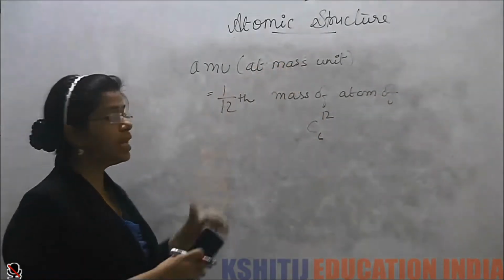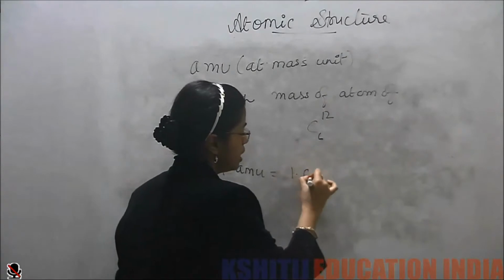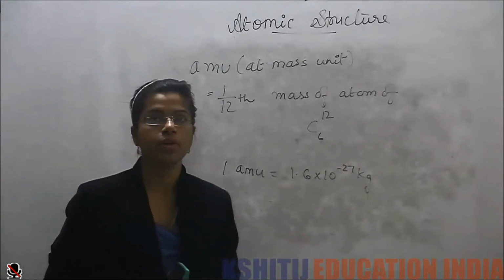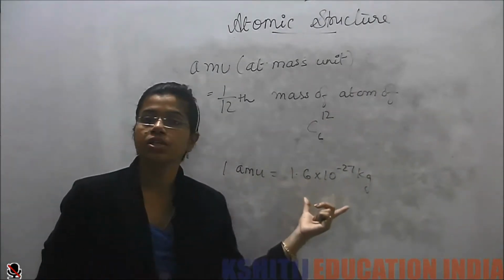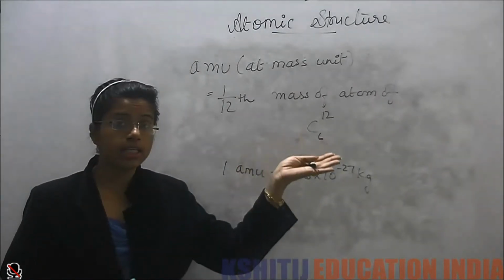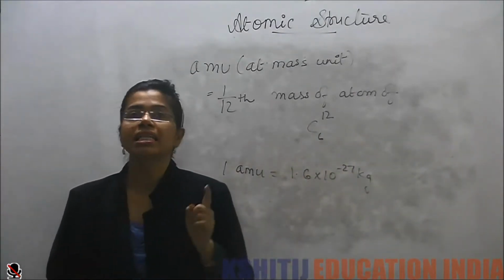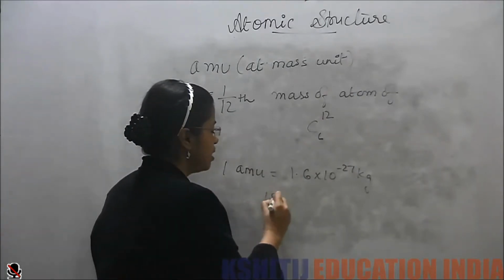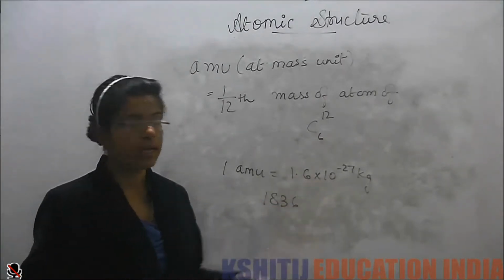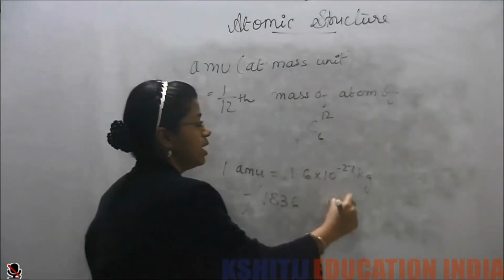Its value, 1 amu, equals 1.6 times 10 to the power minus 27 kilogram. And we saw that the neutrons and protons have approximately equal mass, that of 1 amu. In the initial part I told you their masses. It was approximately this only, right? But the electron is approximately 1836 times lighter than amu. Its value is equal to 1 upon 1836 times 1 amu.